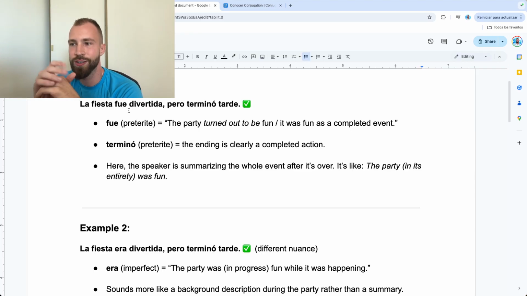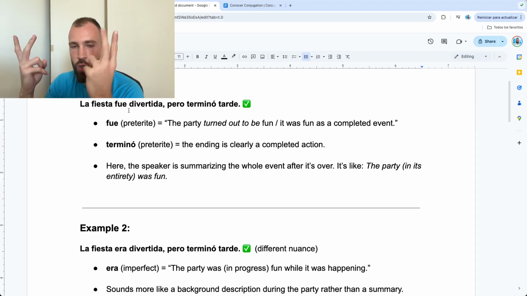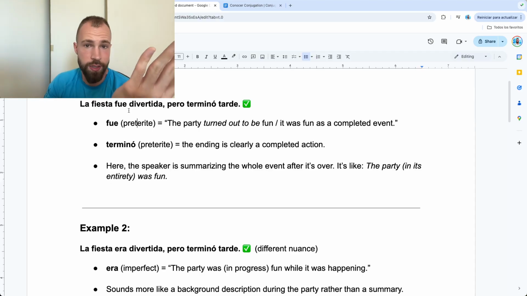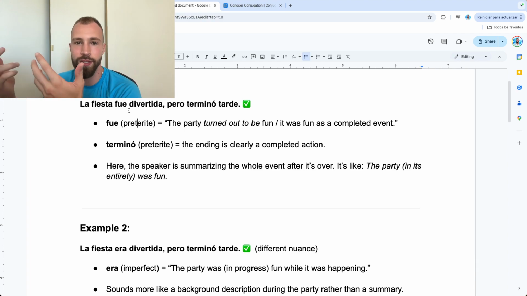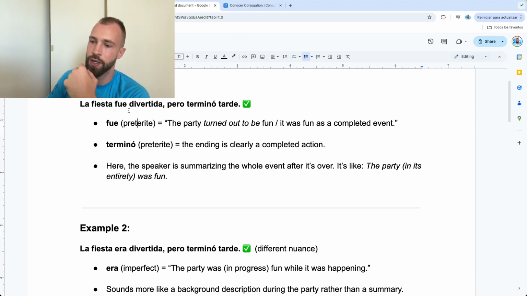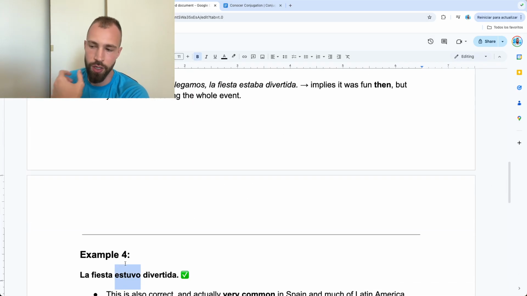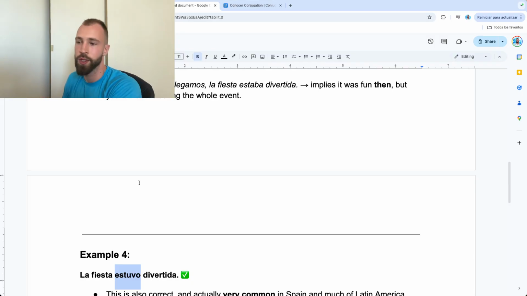But because there's two forms of to be and there's two past tenses, that gives you four ways of saying "was." So in English, when we would say "the party was fun," in Spanish you have to calculate, is it fue, which is ser in the preterite? Is it era, which is ser in the imperfect? Is it estaba, which is estar in the imperfect? Or is it estuvo, which is estar in the preterite?